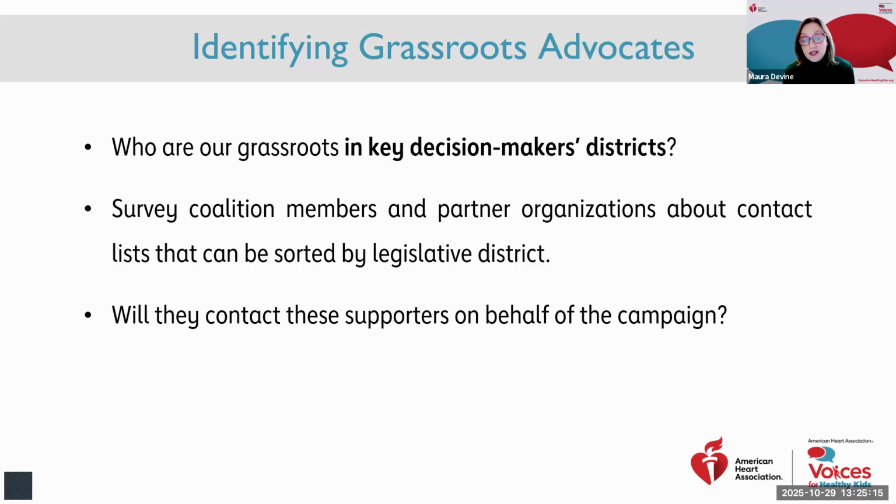To help, you can survey all your coalition partner organizations to see if they have contact lists of members and supporters, and that might include home address information that you can easily sort by legislative district, and if they will allow these people to be contacted on behalf of your campaign. Within one of our Voices for Healthy Kids campaigns, we actually have a grassroots network that if you're a grantee, you can leverage. And again, at the end, we'll talk a little bit more about how you can engage with us.